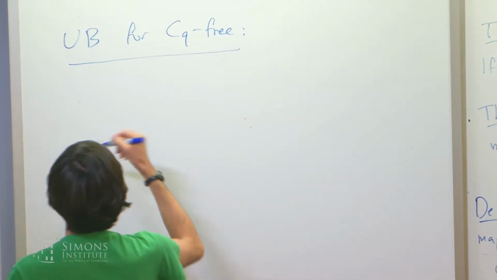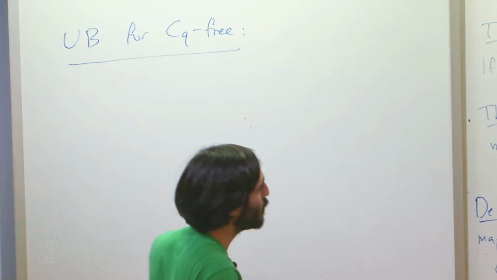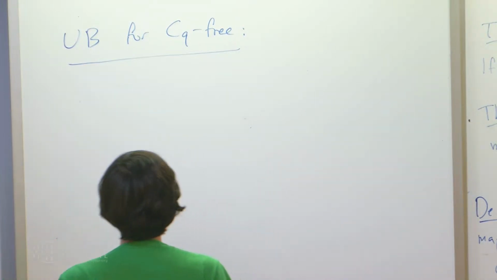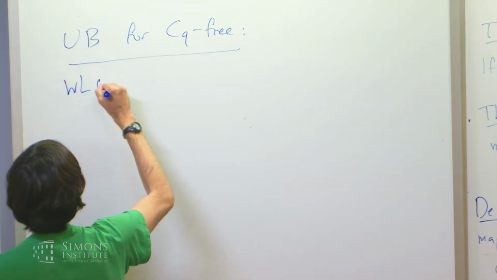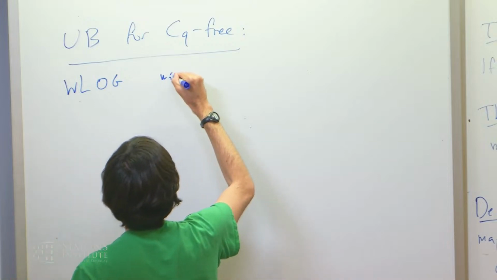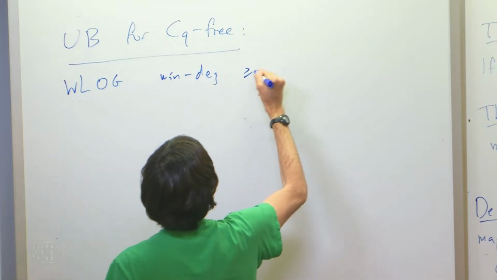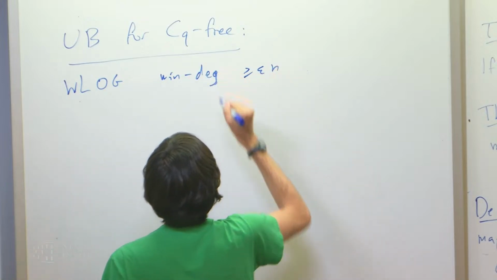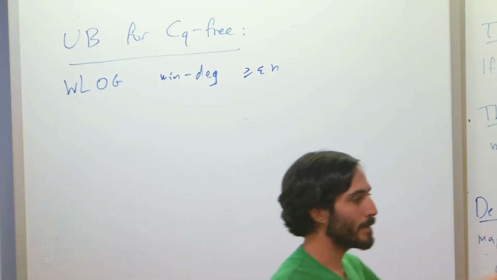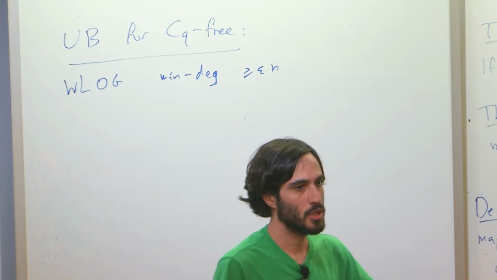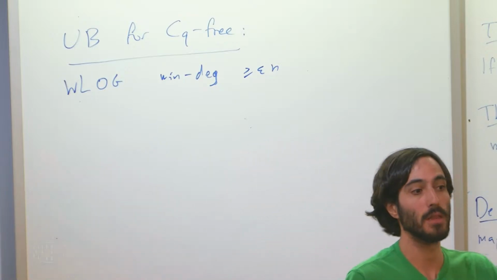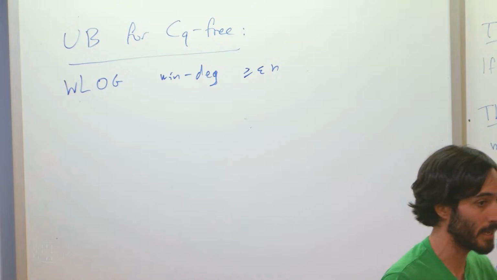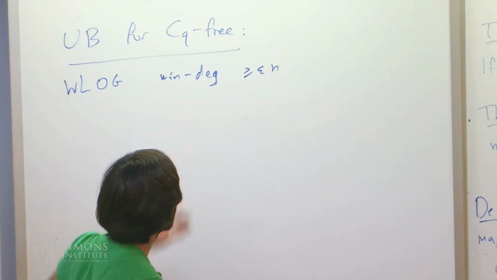So the basic idea is, I give you a graph which is triangle-free, C9 free. I can assume without loss of generality that the minimum degree is at least epsilon n, the reason being that I'm always allowed to delete an epsilon fraction of the edges. So if I have a bunch of low degree vertices, I can just delete all those edges and basically not incur any cost. So let's just assume this.